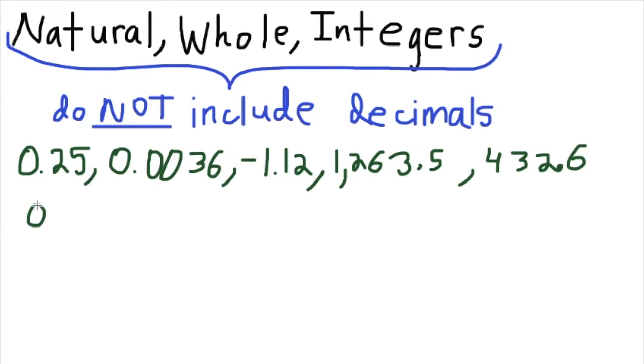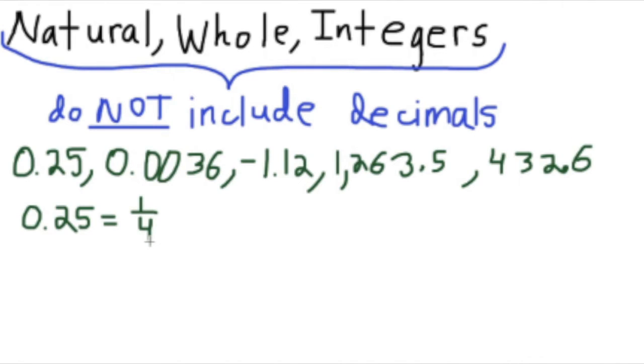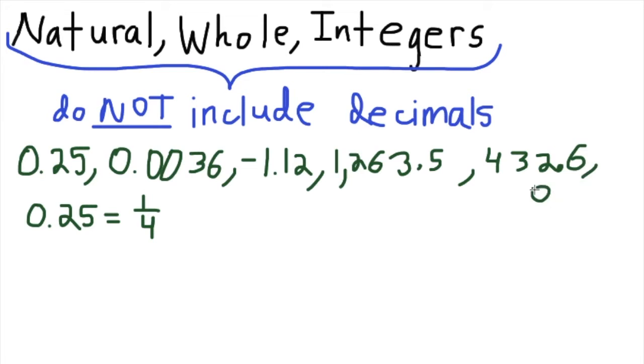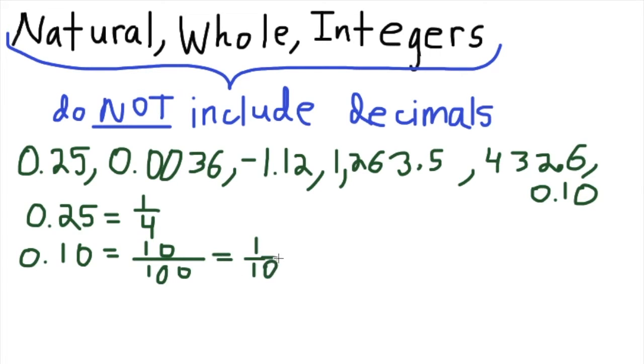Also, 0.25 equals 1 over 4. And so 1 over 4, even though it is a fraction, does not fall under any of these categories. Same thing with 0.10, which is a decimal and therefore not a natural number, whole number, or integer. 0.10 equals 10 over 100, which equals 1 over 10.